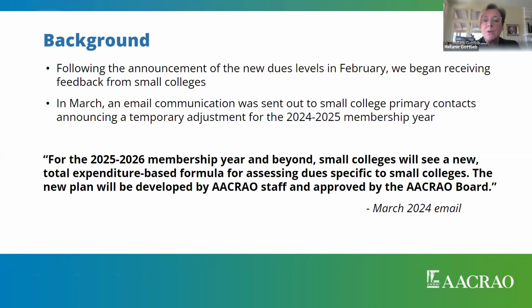In March, we communicated to the membership that for the 2025 and 2026 year and beyond, we would create a new tier for small colleges that was expenditure-based, and assessing the dues specific to the small colleges outside of the larger structure. And that brings us today, where we will share the new dues category specifically designed for the small colleges.